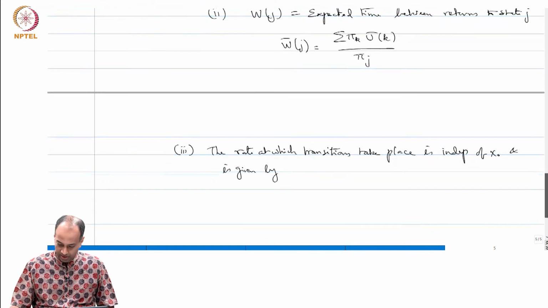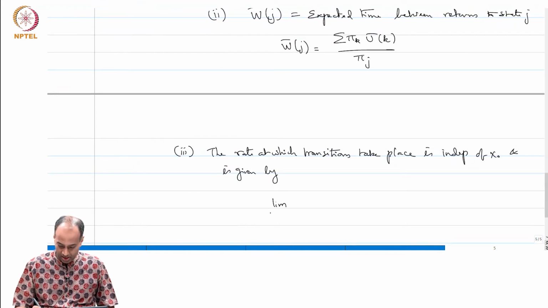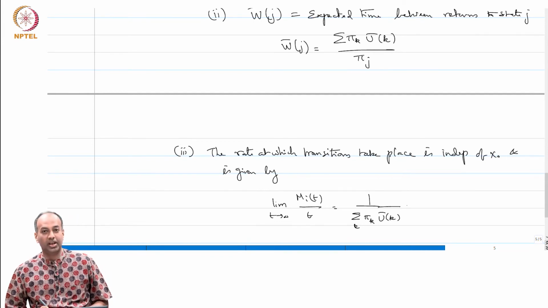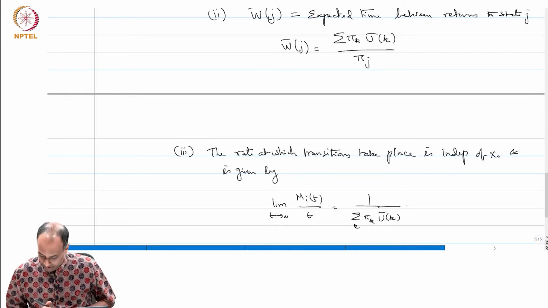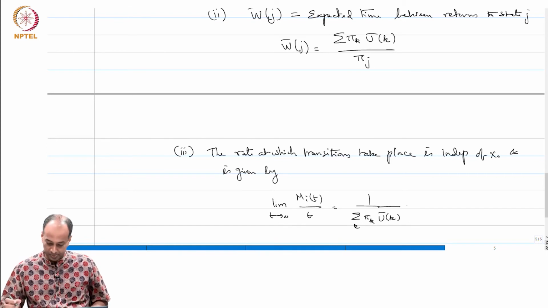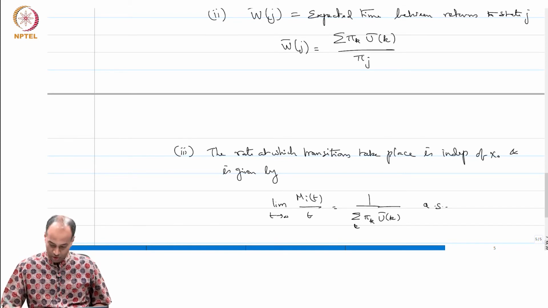What is the average rate of transition? It is simply the limit as t tends to infinity of M(t) over t, which is just 1 over the sum over k of pi k u bar k. Remember in the CTMC case, you got 1 over the sum over k of pi k over nu k. Here, instead of 1 over nu k, you are getting u bar k. This is also almost surely, or with probability 1, whichever you like.